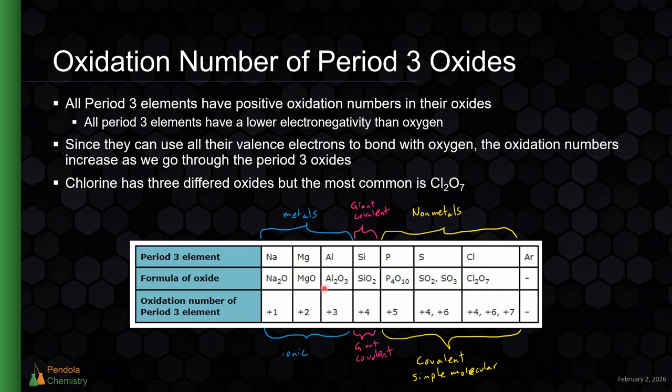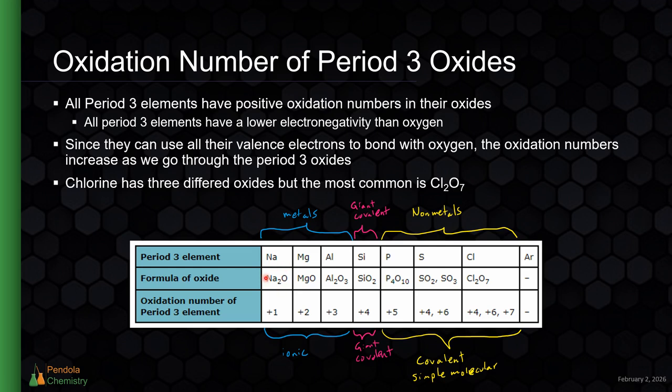So because of this, what we see is that as we go from left to right in the oxides, they're going to become more complex. Yes, the oxidation number goes up, but we'll get more oxidation numbers with the non-metals because the simple molecular structures allow us to create more than one kind of compound, whereas things like the ionic ones are very straightforward. They only form one compound.